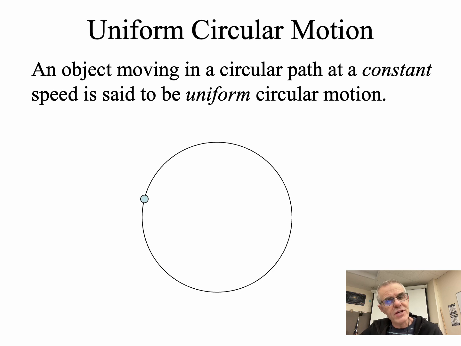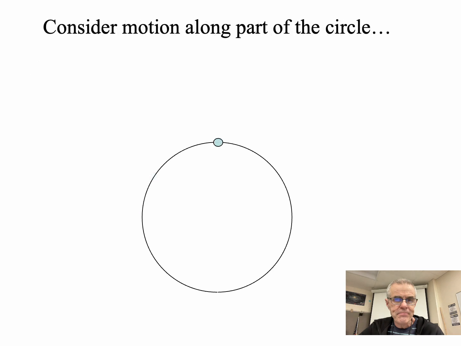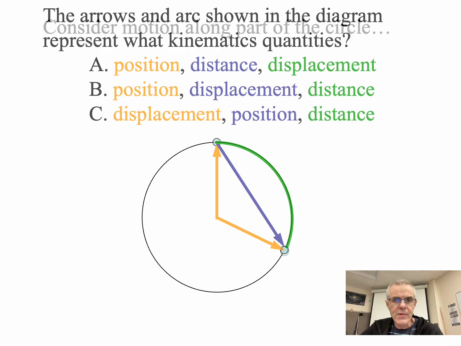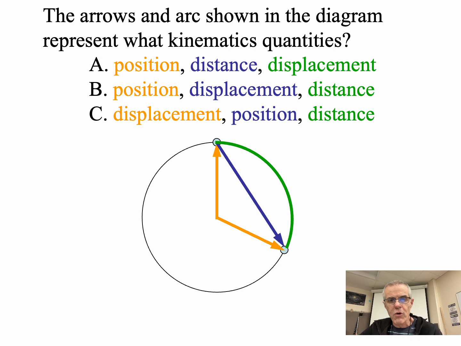If you remember your definitions, you should already know what to do. Let's suppose that we're only focusing on a small piece of the motion, and I move part way around the circle. I could draw some arrows, shade in this green arc, and then ask a multiple choice question.